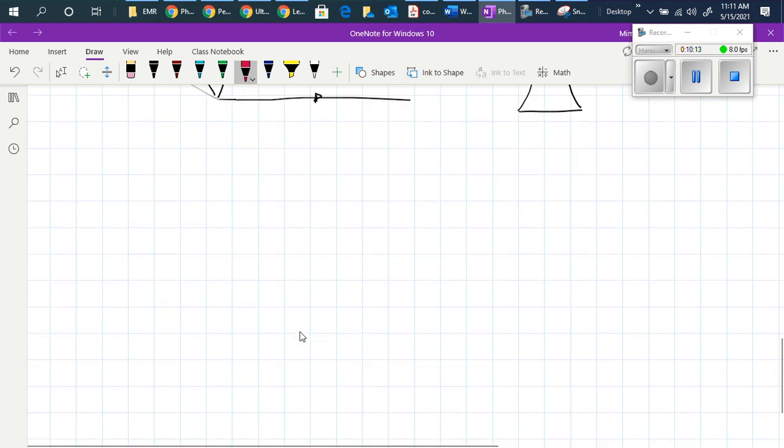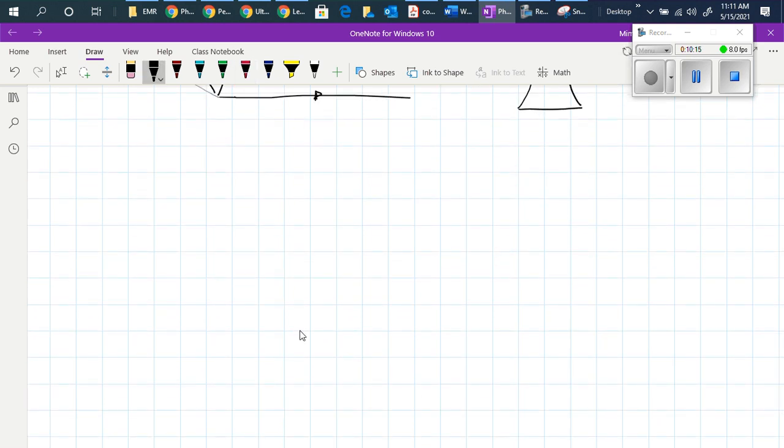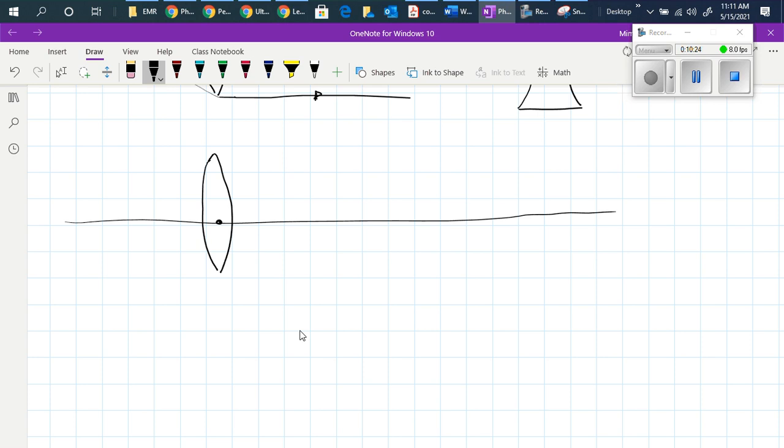The third rule is when the incident ray is passing through the center of the lenses, which is the point where the principal axis intersects the symmetry of the lenses. So here is the object. This is the incident ray, and then the reflected ray will be this one here.